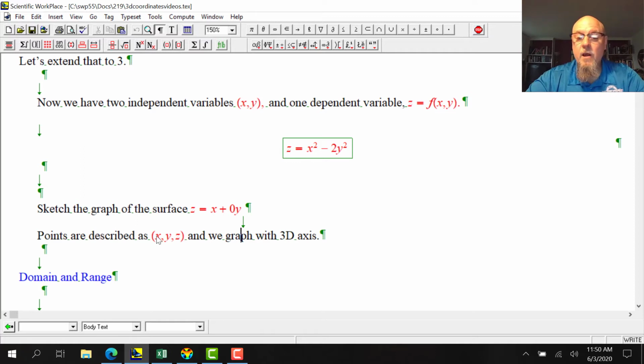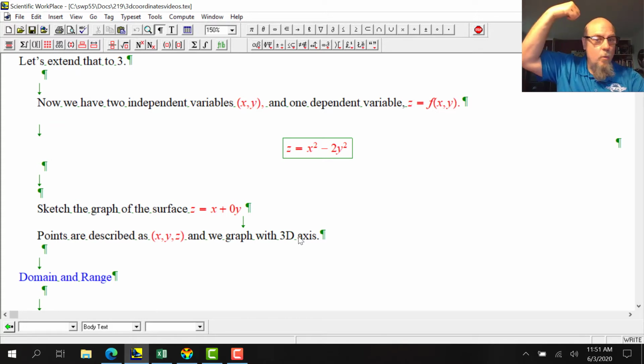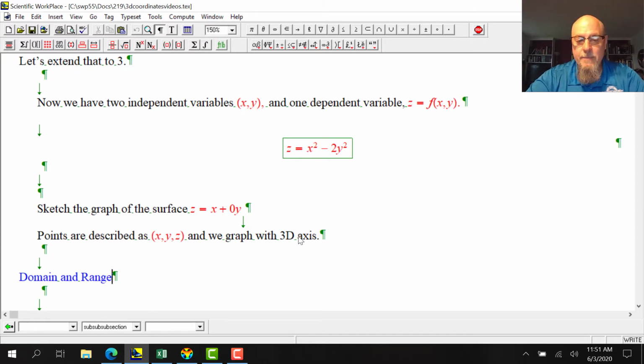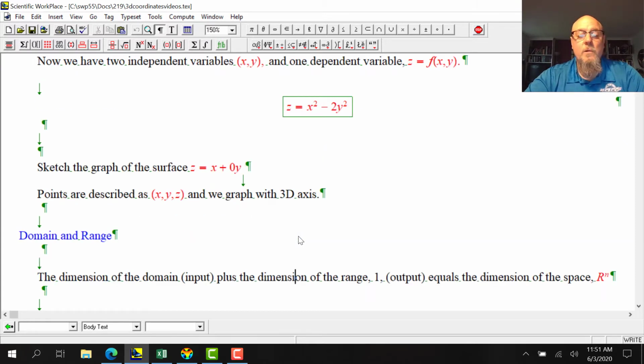Our points then are described as an x, a y, a z coordinate if I'm in 3D. That's in R3. Like if we graphed in R2 before, now we'll be in R3. And we graph that with a 3D axis: our x coordinate, our y coordinate, and our z coordinate going up. We can still talk about range and domain then. So the domain is the input.